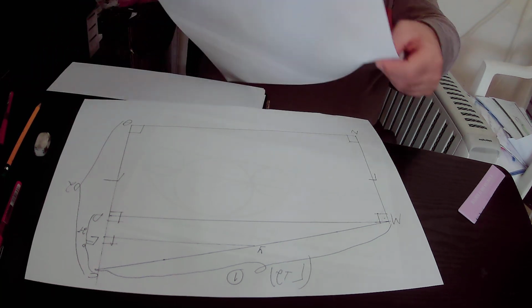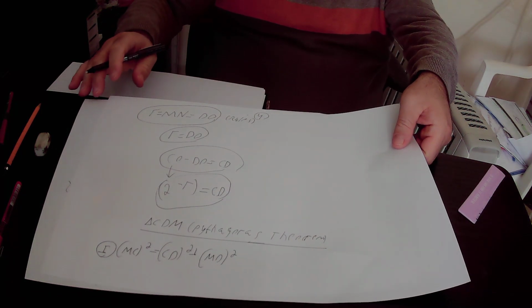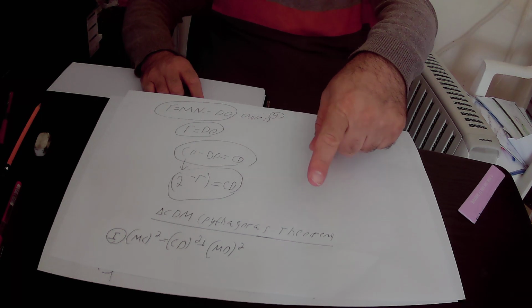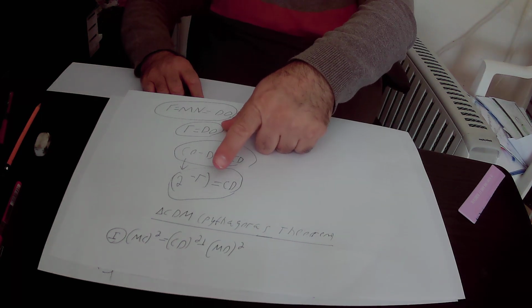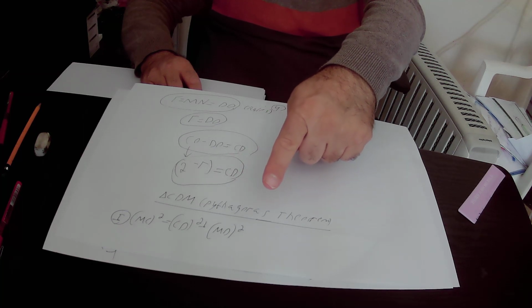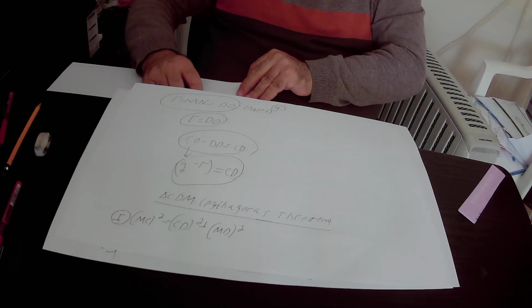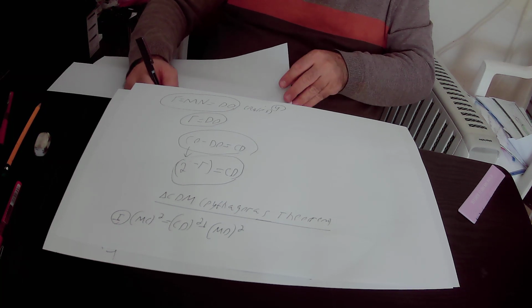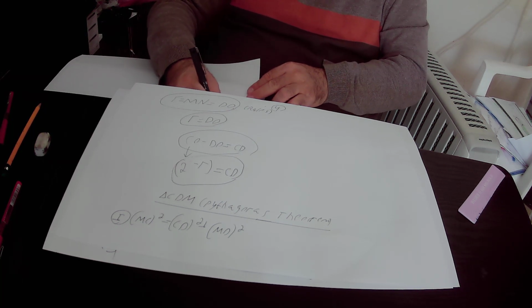I will repeat again. According to the Pythagoras theorem, in the right triangle CDM, the square of the hypotenuse equals the sum of the squares of the perpendiculars. That is to say, MC squared equals CD squared plus MD squared. What is the value of MC?